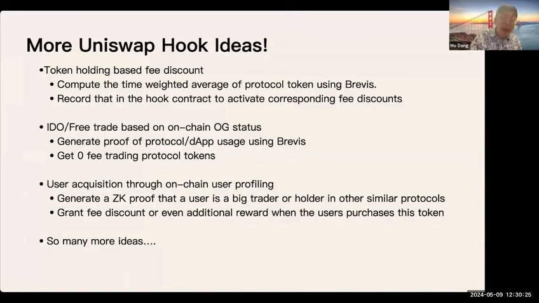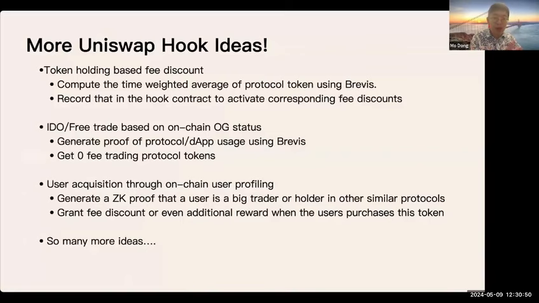And there are so many more ideas, but the high-level point is that you can now think about data not just at one point in time. You can think about data over a much longer time horizon, basically the entire history of the blockchain, including any data not even exposed by a smart contract call.